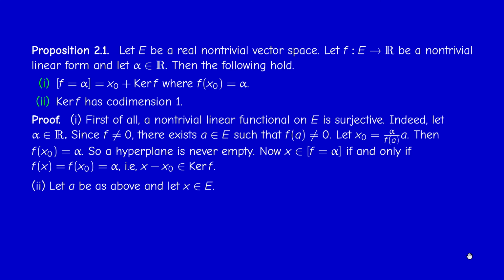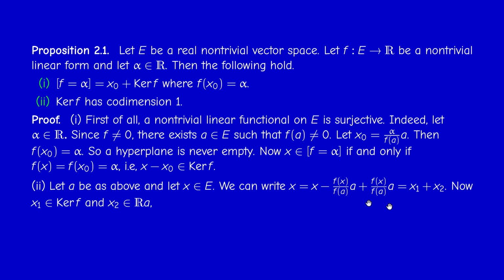Next point: how do we know that the kernel has codimension 1? We have to find an algebraic complement of dimension 1. We use this standard trick. We write x as x minus f of x over f of a times a, plus the same multiple of a. We call the first term x1 and the second term x2.